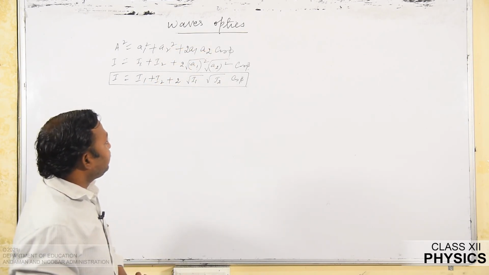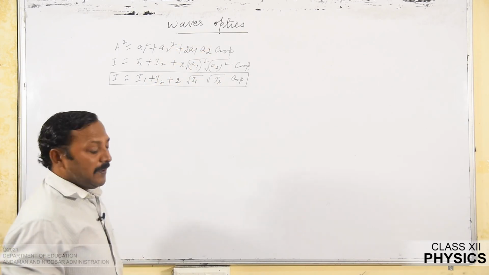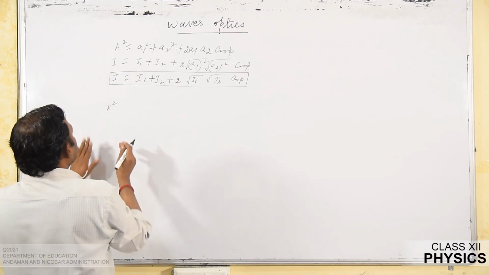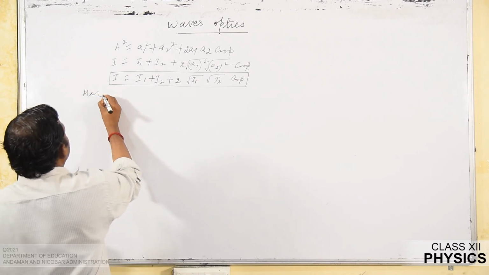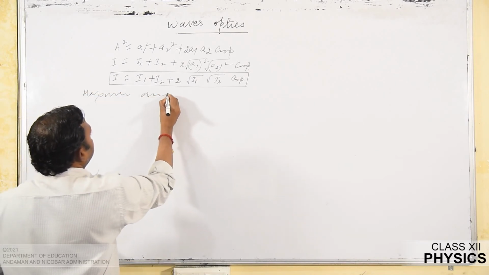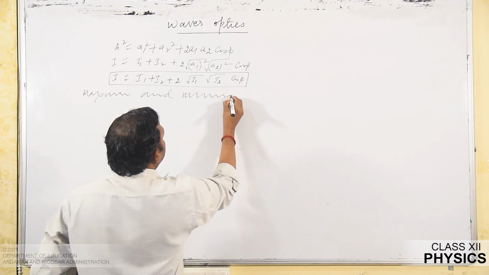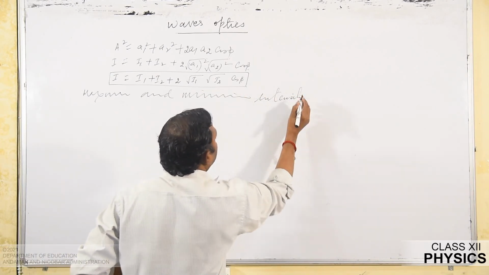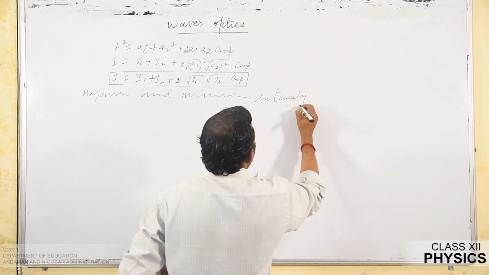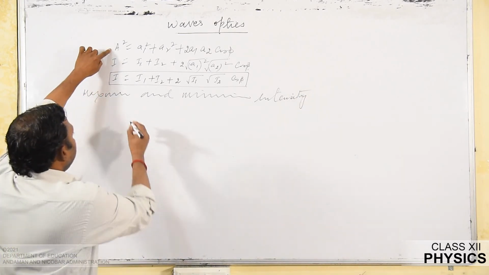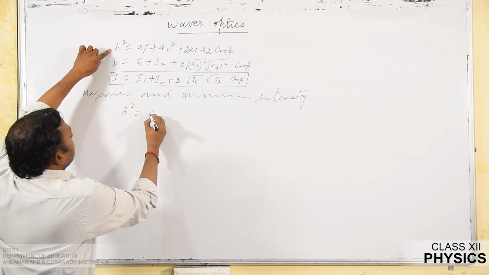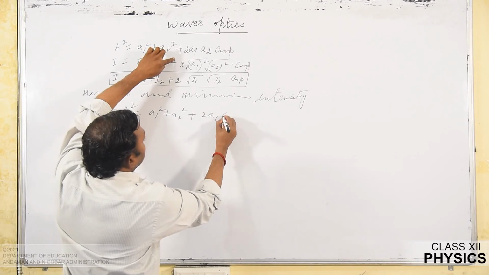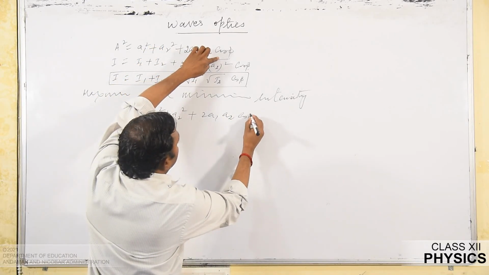Now let us see the maximum as well as minimum intensity. Here we have a square is equal to a1 square plus a2 square plus 2a1 a2 cos phi.